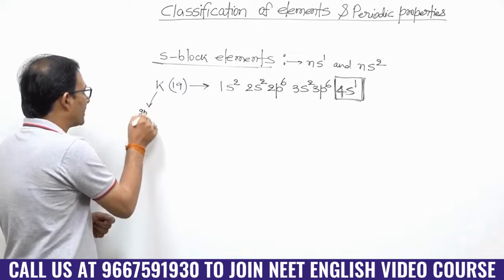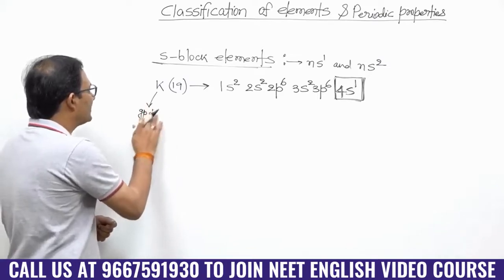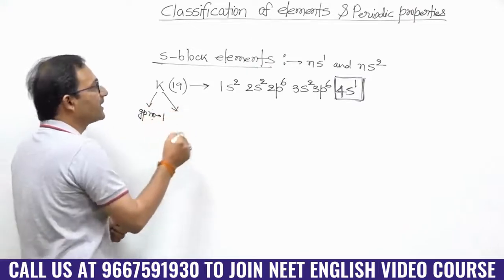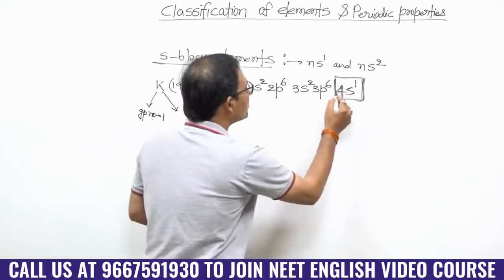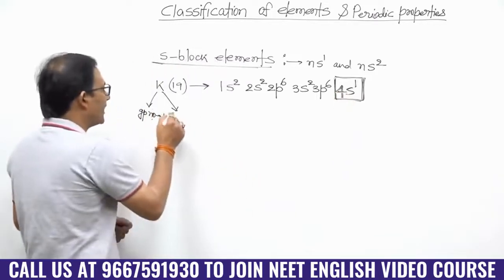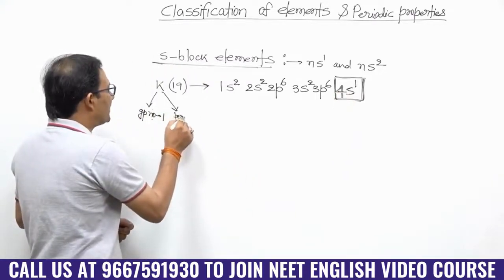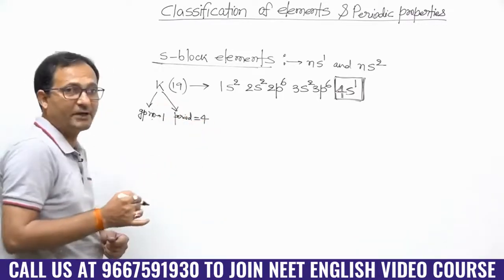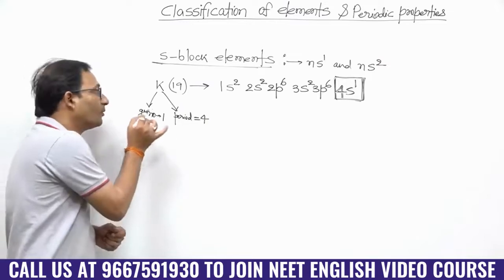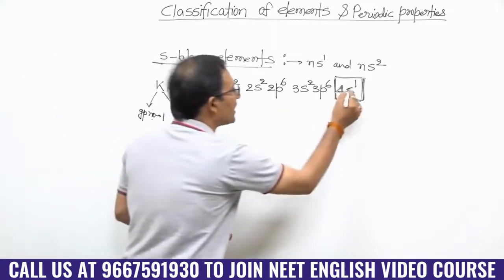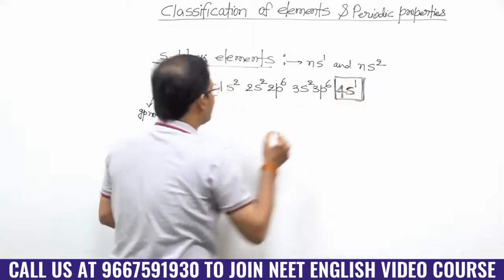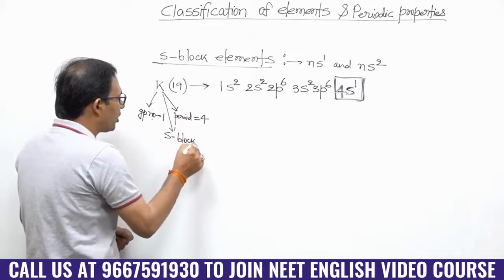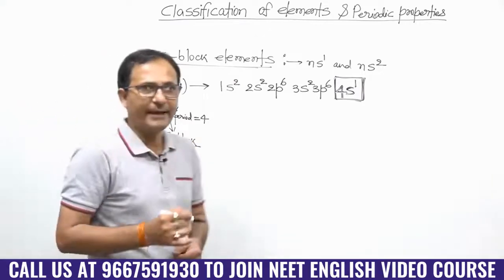The group number of potassium is 1. Since the outermost shell is 4, its period is 4. It is in the fourth period of group 1. And since the last electron is in s orbital, it is an s block element, okay?